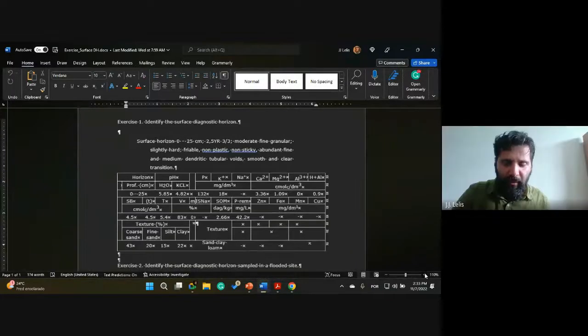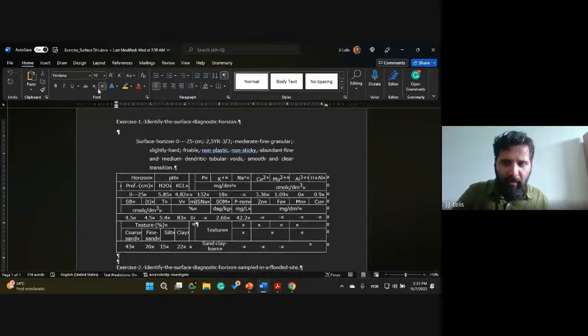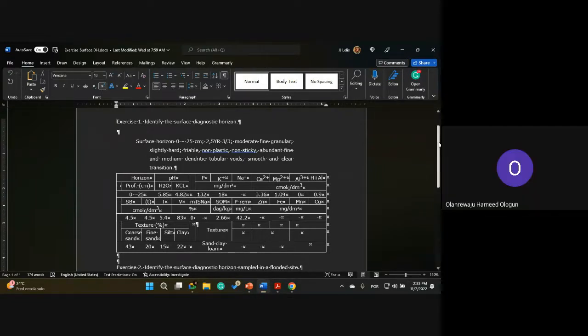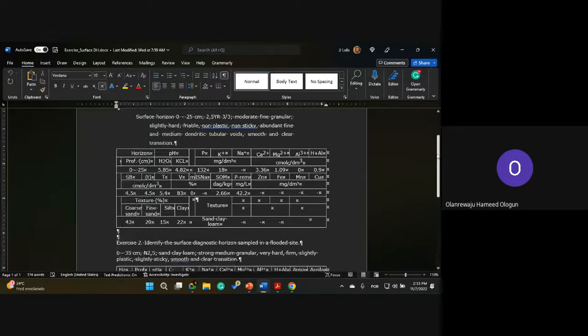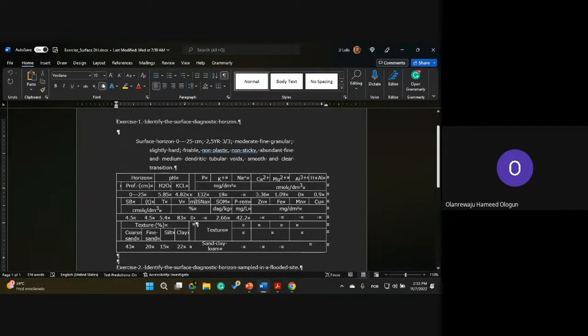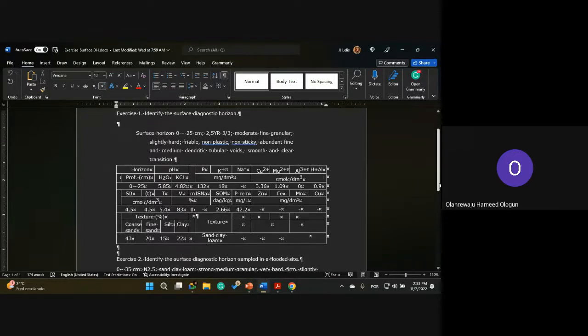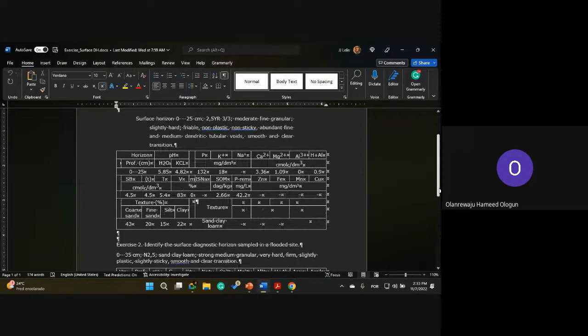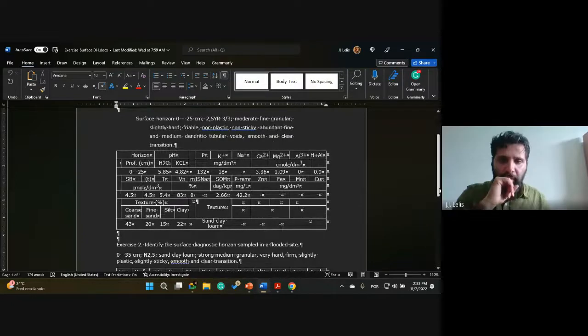Okay, okay. Anyone find some answer? Anyone could classify these horizons? I also tried to classify it, but I'm not sure also. But I got some clue from the questions from the classes, so I tried to classify it based on my understanding. Okay, okay.